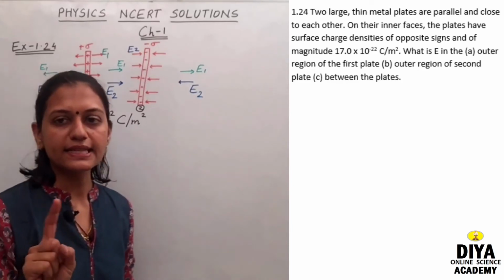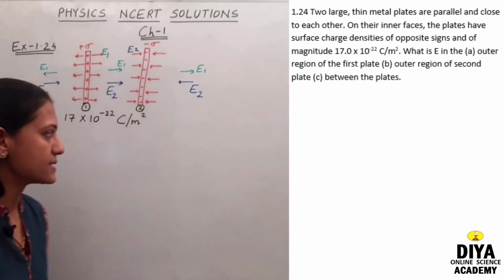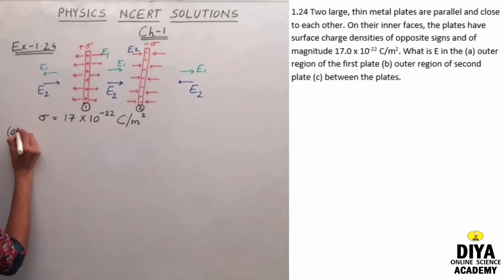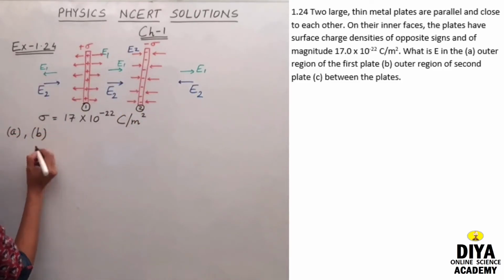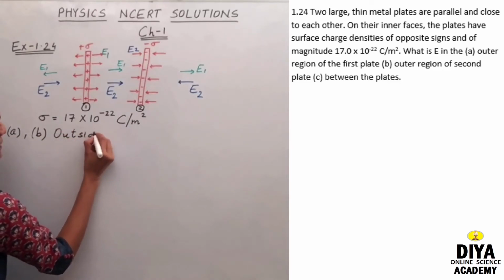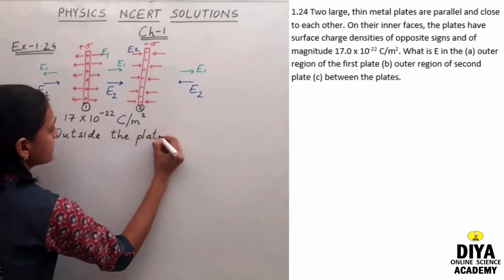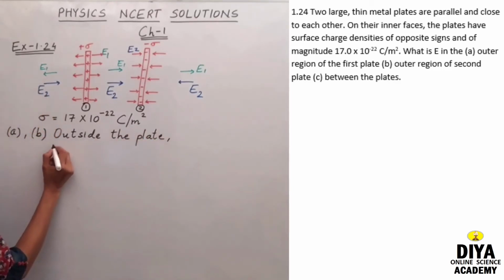So for first and second, A and B, we can give the similar answer. So for A and B, the answer would be same. Outside the plates, what would be the electric field?